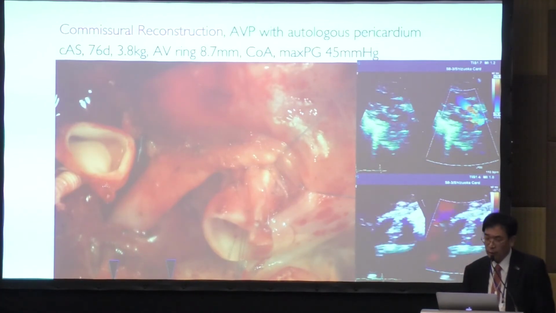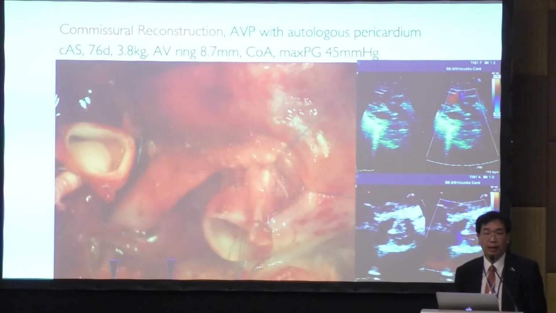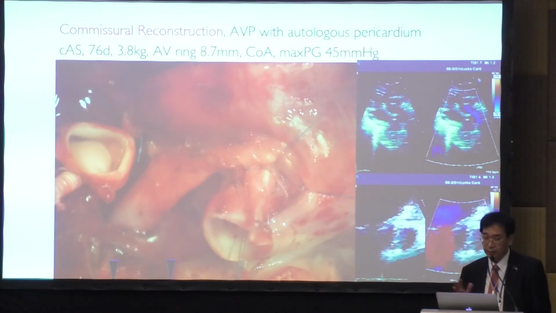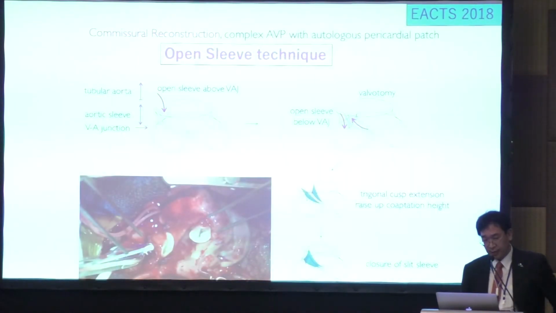So maybe, I don't know exactly, the patient has a possibility of reoperation here. I don't know exactly when. Anyway, this is the report in Europe of the open sleeve technique. This is the sleeve of the ascending aorta.